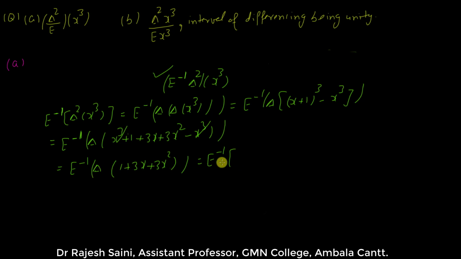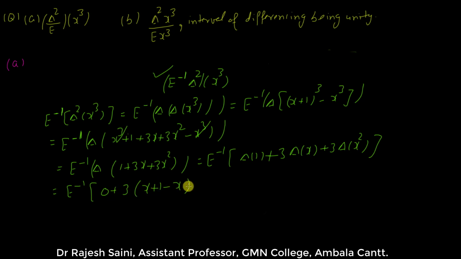Now you know delta is distributive, so it will be delta of 1, 3 will come out, 3 delta x plus 3 delta x square. This will be E inverse. Delta of a constant is 0. 3 times delta of x is this one.